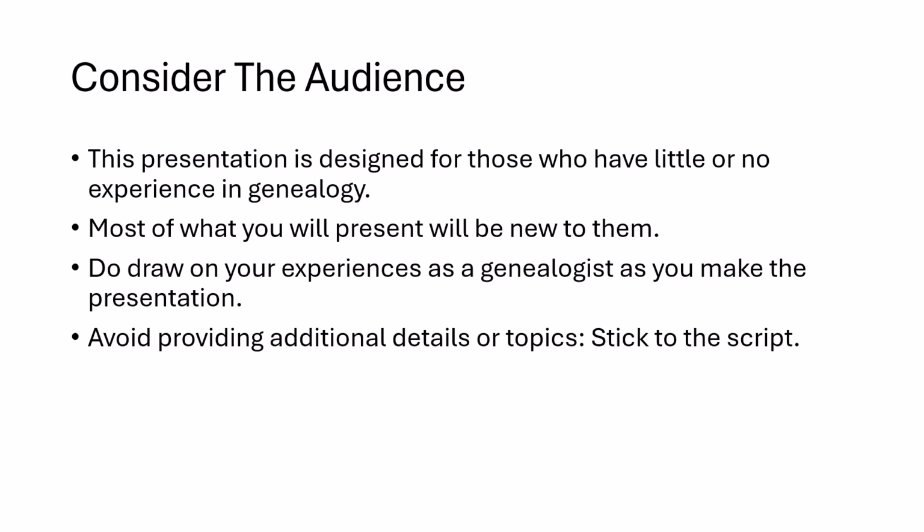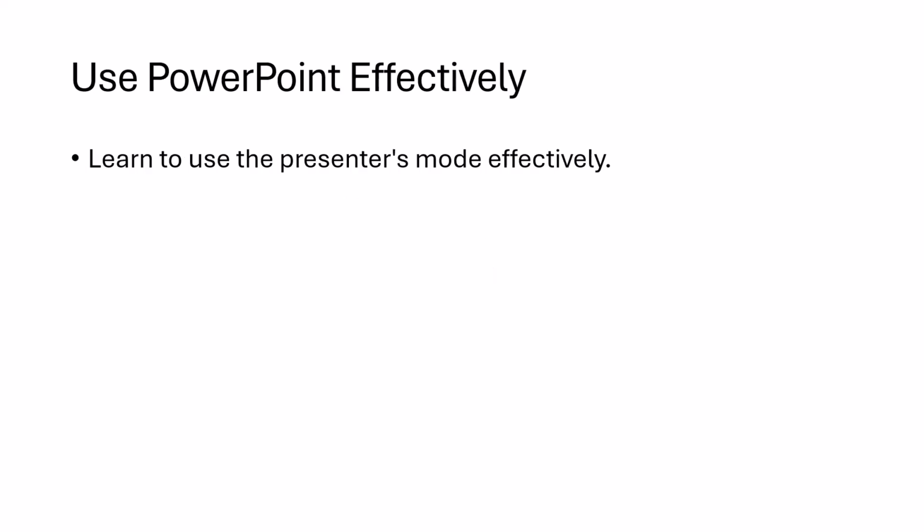That's way too much information. The concepts we're trying to present here are very basic, and the idea of using a genealogy software is probably already kind of shell shocking. We don't need to go really deeply into that. So stick to the script and don't elaborate too much and add too much information.